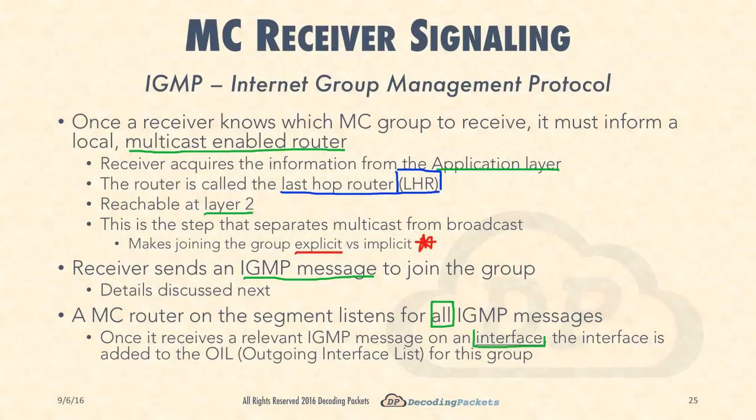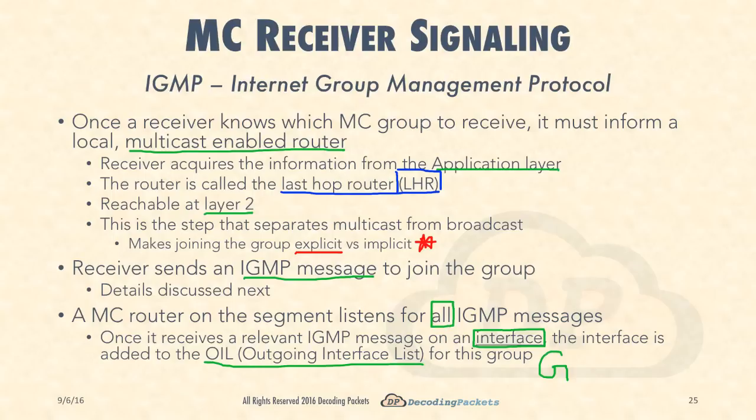I'm not trying to be facetious here, but that is what is happening. It is receiving that message on a particular interface. That IGMP message has identified an actual G, or a group. So the interface now can be added to the OIL, or the outgoing interface list.